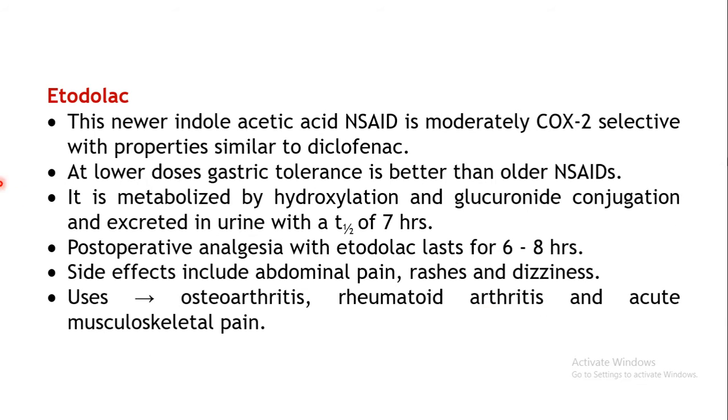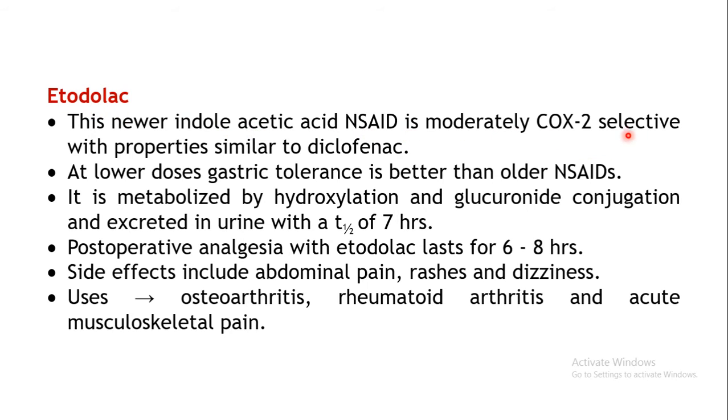Next drug is etodolac. Now this newer agent is an indole acetic acid derivative. Indomethacin again is an indole acetic acid derivative, so this etodolac is also an indole acetic acid NSAID.